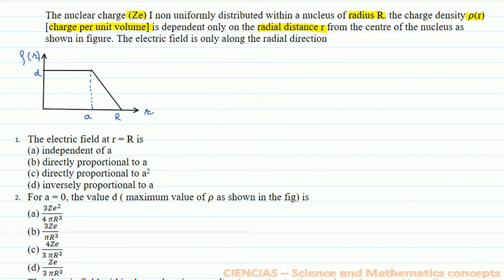So question number 1: the electric field at small r equal to capital R is, option A, independent of A, option B, directly proportional to A. A is the point on the graph which shows that the volume charge density is constant up to point A, and then it is decreasing as we move further away from the center to radius capital R. Option C is directly proportional to A square, option D is inversely proportional to A square.